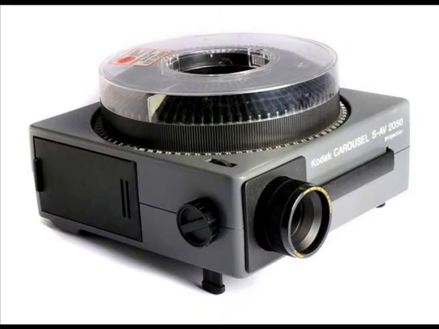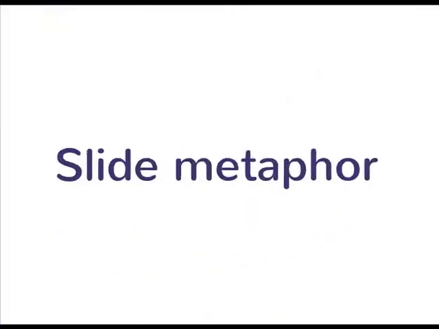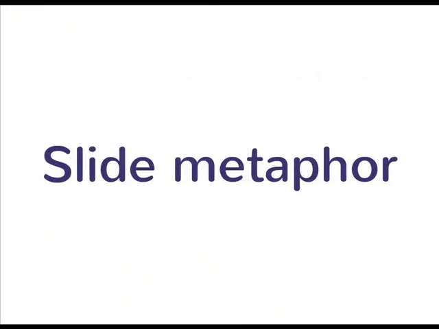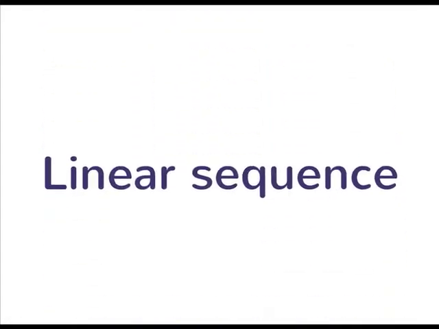And the thing about the carousel is it's a sequence of slides, and it's that idea that Microsoft adopt for their presentation software. So the structure of PowerPoint comes from the fact that we used to not use computers. So it's based on a metaphor of having a sequence of slides, a linear sequence.